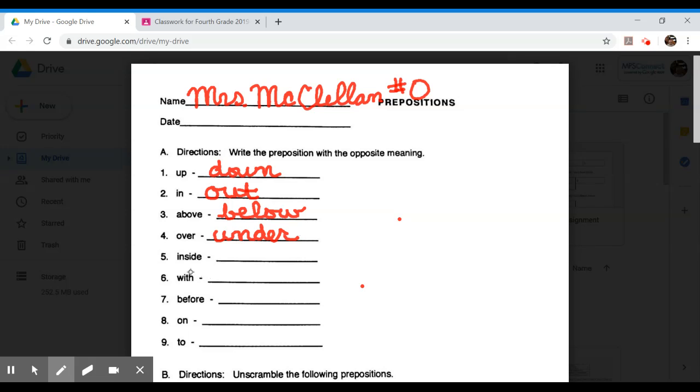Okay, now I want you to look on the list right now. What is the opposite of inside? Take a moment to find it. Okay, and the opposite of inside is outside. Good job. Okay, the opposite of with, looking at my list, is without.